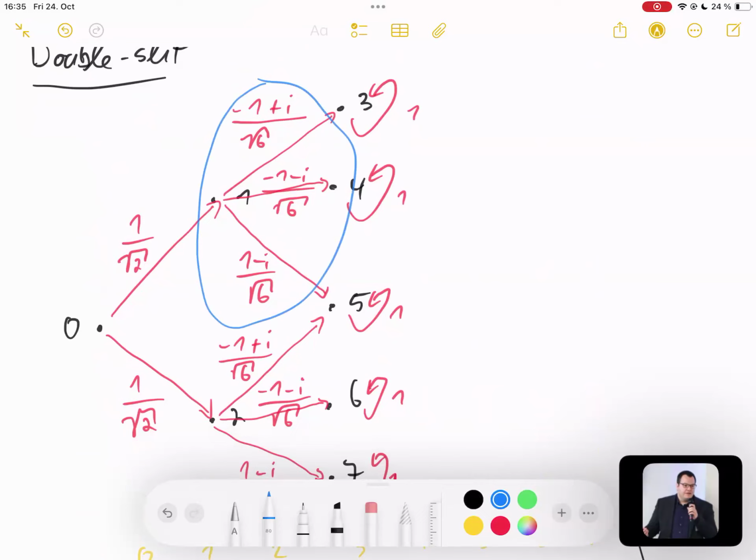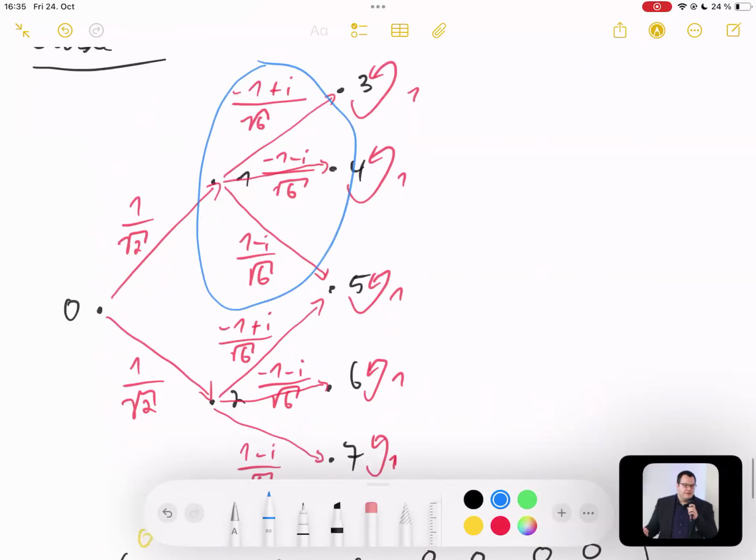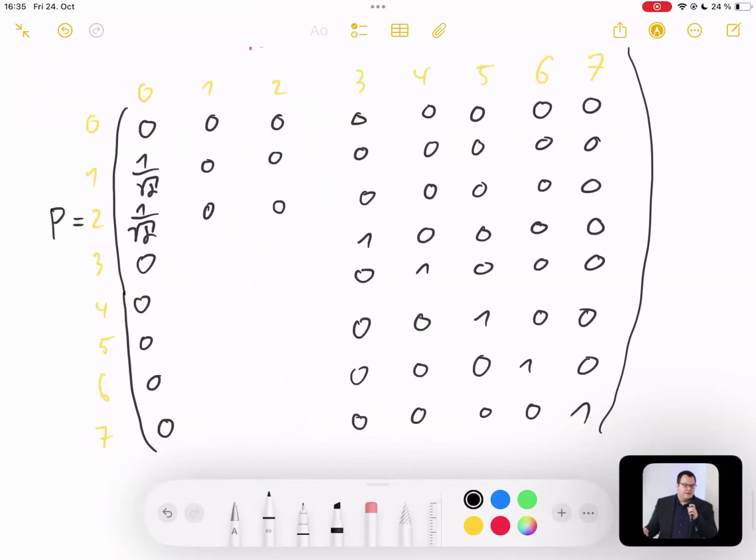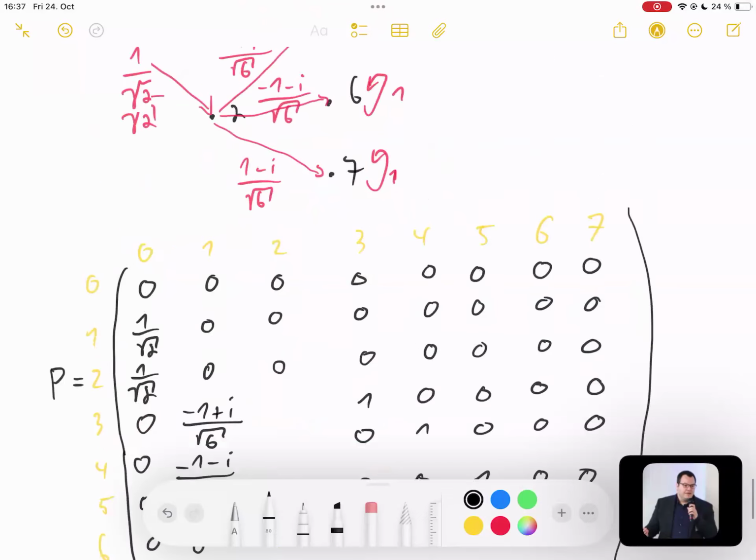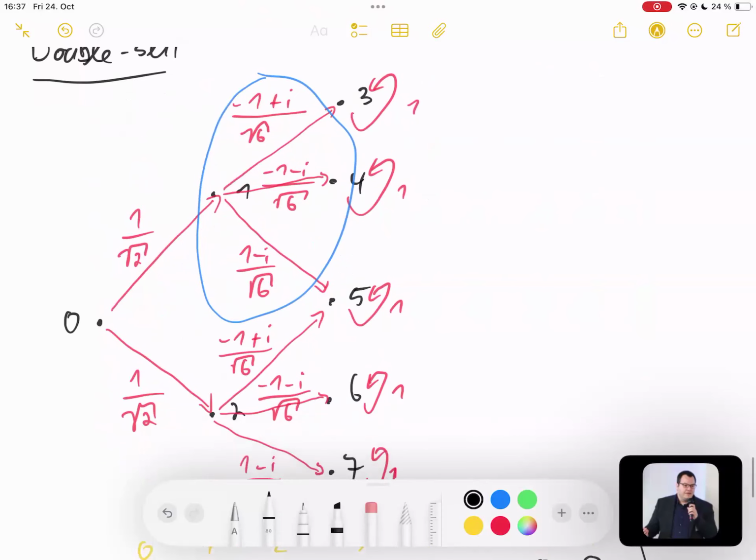So we have these 3 here in the next column, which I just write down again. So this is minus 1 plus i divided by the square root of 6. Then minus 1 minus i divided by the square root of 6. And 1 minus i divided by the square root of 6. And then we have these zeros. So these are just the ones I put in.